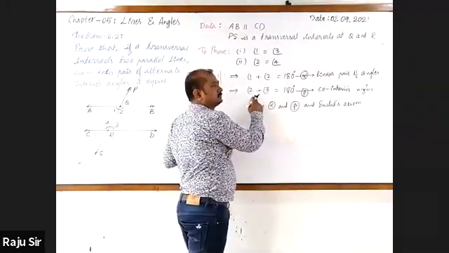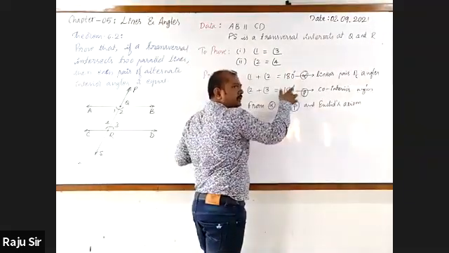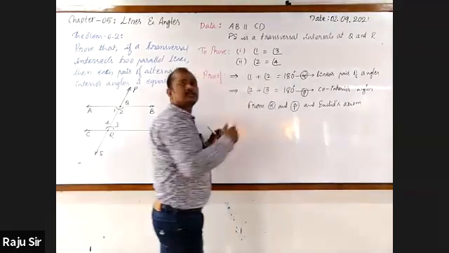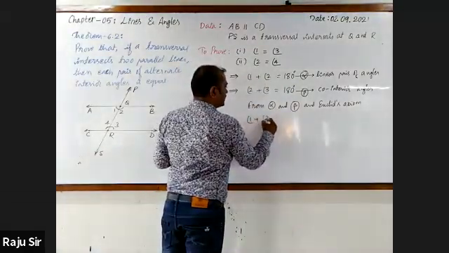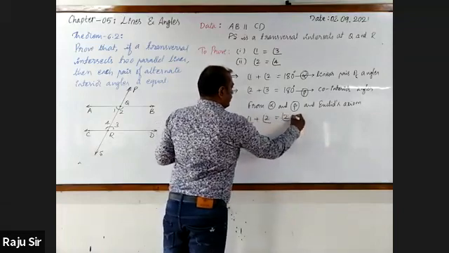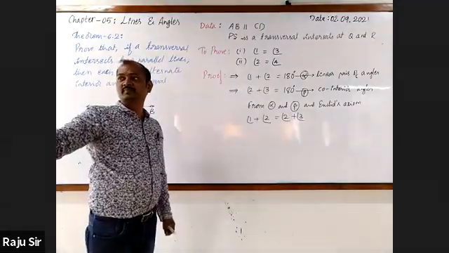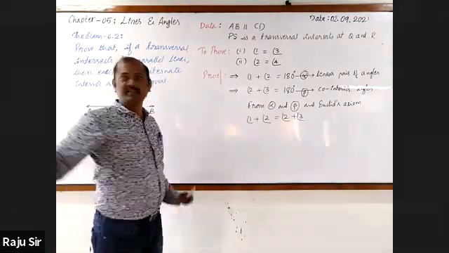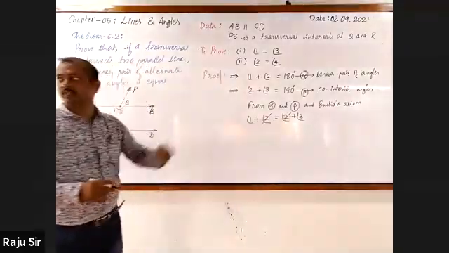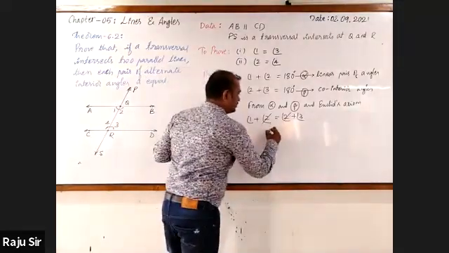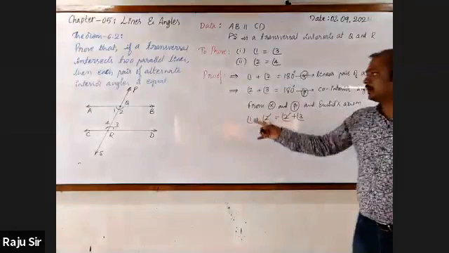Angle 1 plus angle 2 equal to angle 2 plus angle 3. Both are equal to 180 degrees. Hence, this will also be equal to angle 1 plus angle 2. Angle 2 gets cancelled. Angle 1 equal to angle 3.